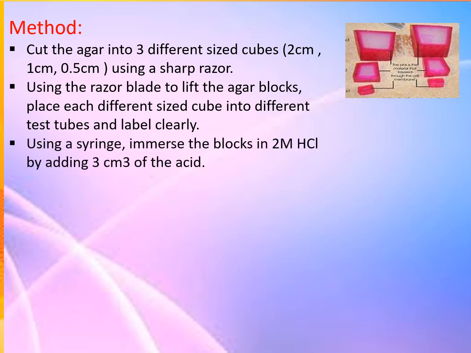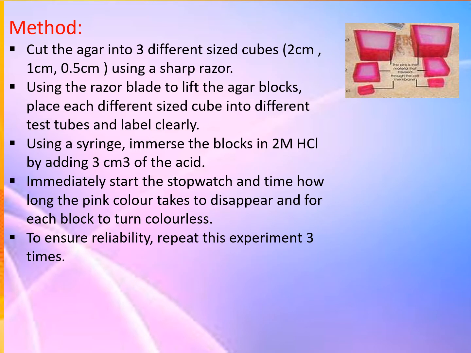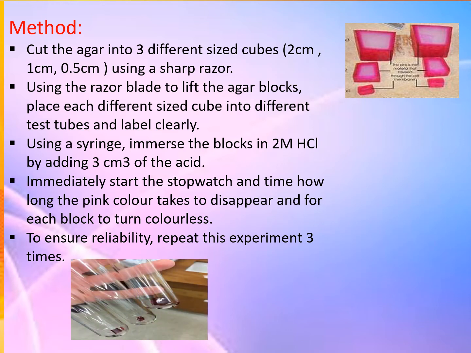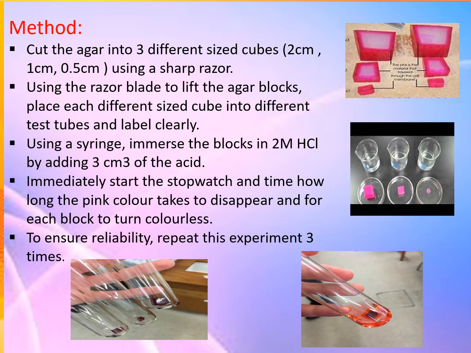Using a syringe, immerse the blocks. Immediately start the stopwatch and time how long the pink color takes to disappear and for each block to turn colorless. Children, to ensure reliability, we should repeat this experiment 3 times. Now we can see some pictures of how we can do this experiment.